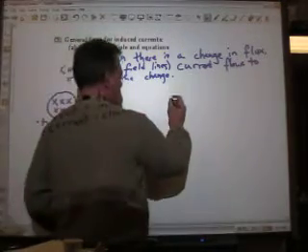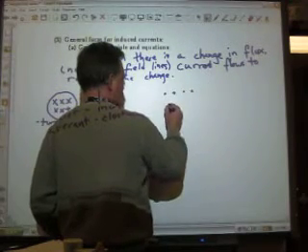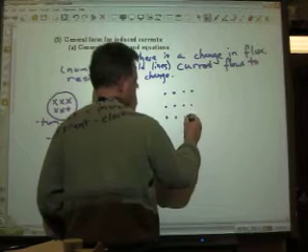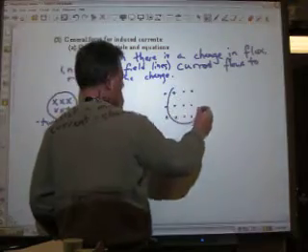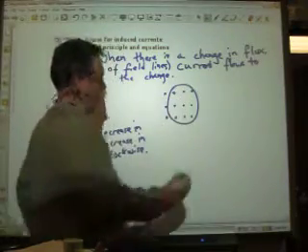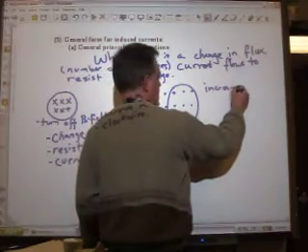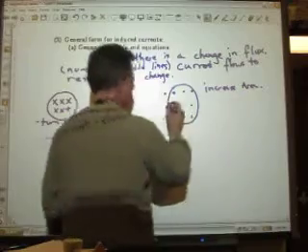Let's do another example. Let's say I have a magnetic field this way pointing out. And I have a loop like this. Okay, and in this case, I will increase the area of the loop. I'm going to draw this a little bit different.